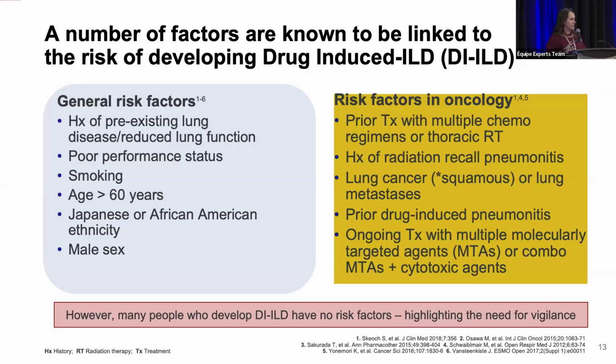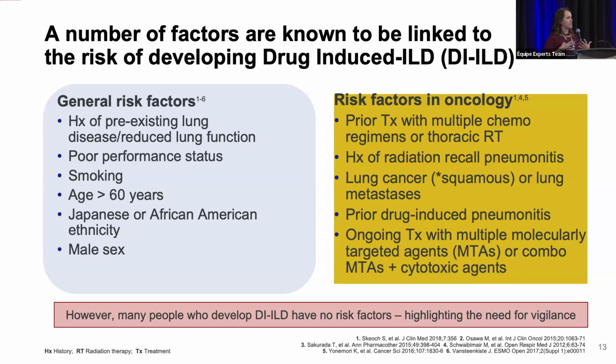Squamous histology in lung cancer seems to be more at risk than adenocarcinomas, certainly with immunotherapies. Presence of lung metastases, because this is where the antibodies flock to, and prior drug-induced pneumonitis, and ongoing treatments with molecularly targeted agents or combinations, right?